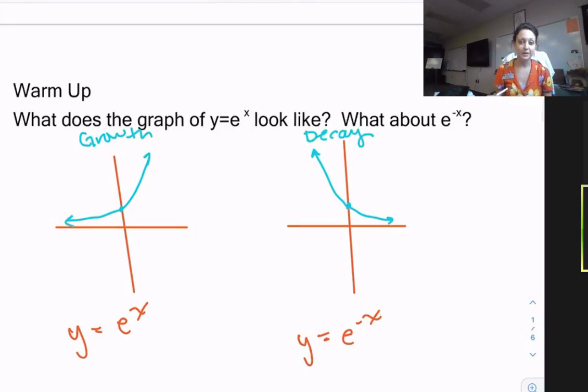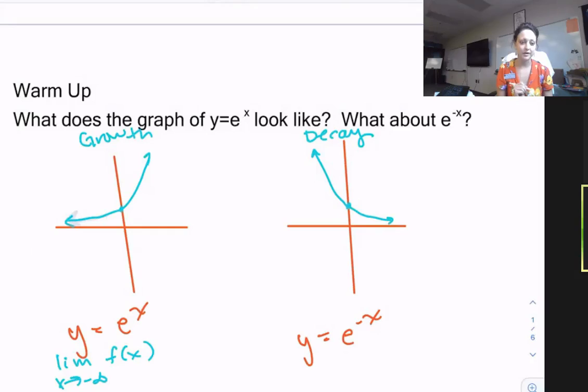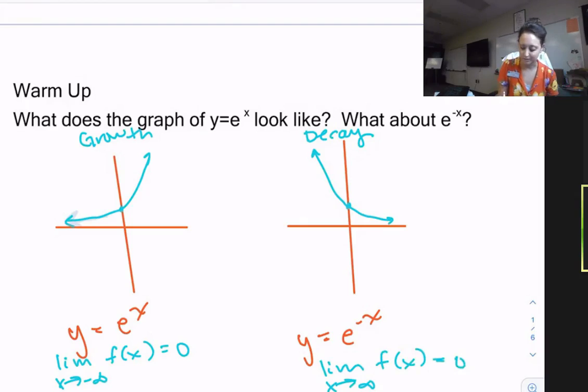One thing to keep in mind is that for the graph on the left, the limit as x approaches negative infinity of f of x, so as we go to the left forever, what limit do we have there? That approaches 0. Similarly, the limit as x approaches positive infinity of this graph is also 0. As we go to the right forever, we have that horizontal asymptote at 0.